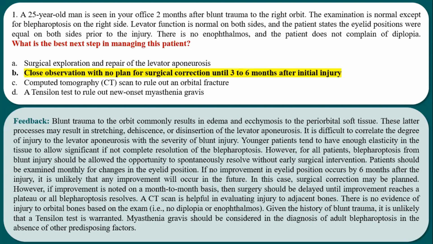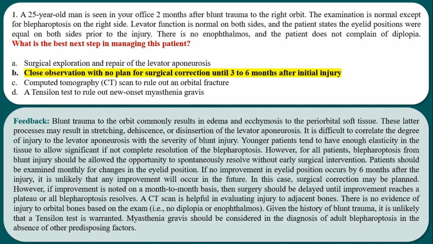Blunt trauma to the orbit commonly results in edema and ecchymosis to the periorbital soft tissue. These latter processes may result in stretching, dehiscence, or disinsertion of the levator aponeurosis. It is difficult to correlate the degree of injury to the levator aponeurosis with the severity of blunt injury. Younger patients tend to have enough elasticity in the tissue to allow significant, if not complete, resolution of the blepharoptosis.